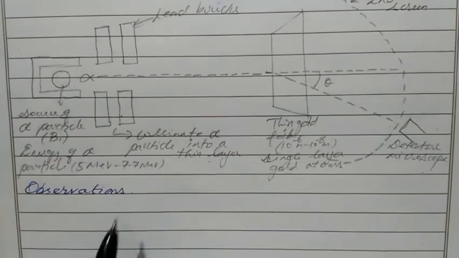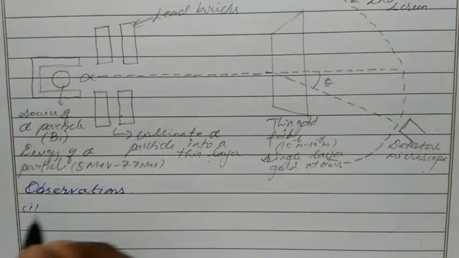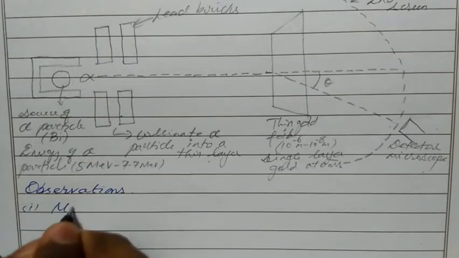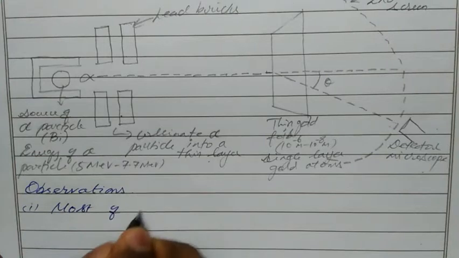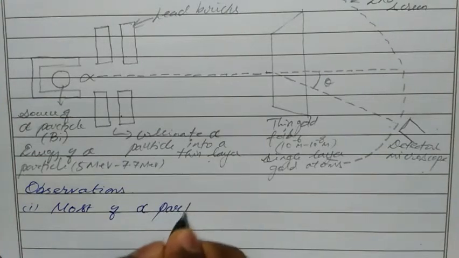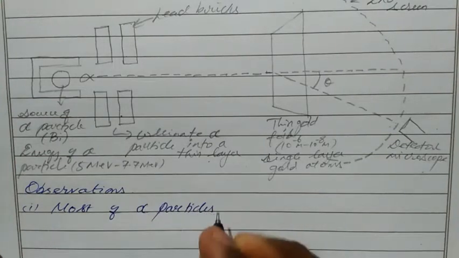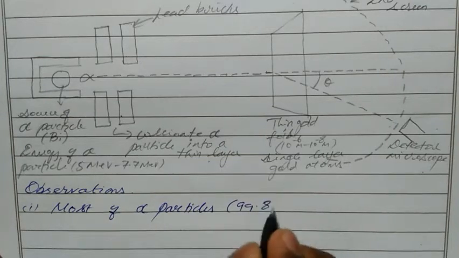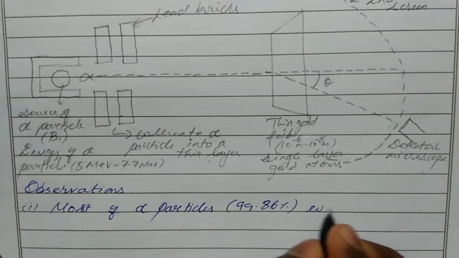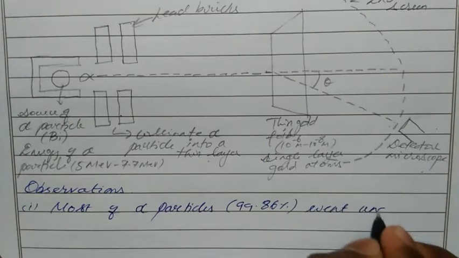By doing this experiment we have certain observations. The first one is that most of the alpha particles, nearly 99.86% of alpha particles, went undeviated.